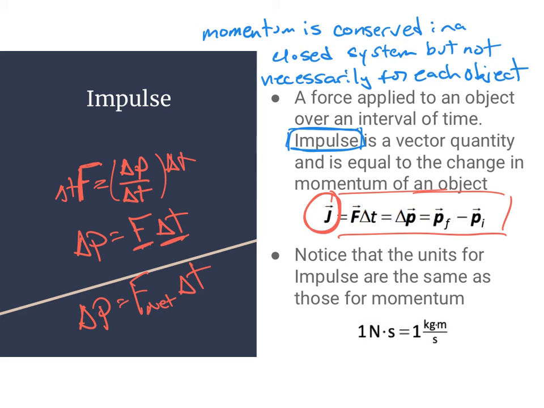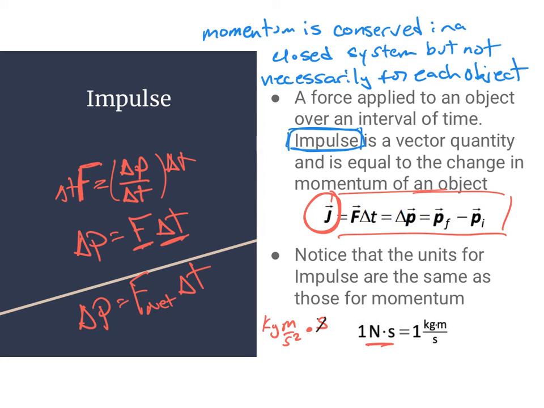If we look at our units for impulse, force times time gives us units of newton seconds. Well, a newton, as we know, is kilograms times meters per second squared. We're multiplying that by seconds.